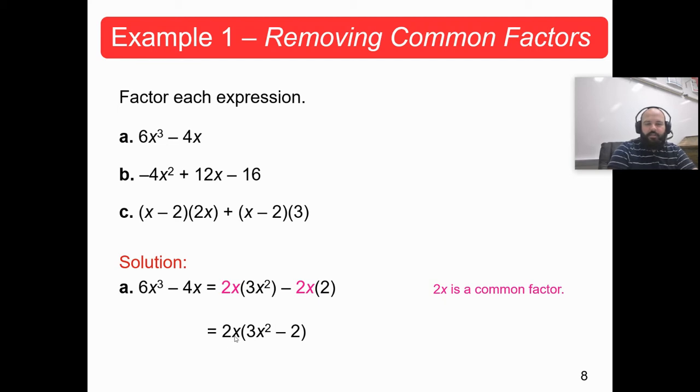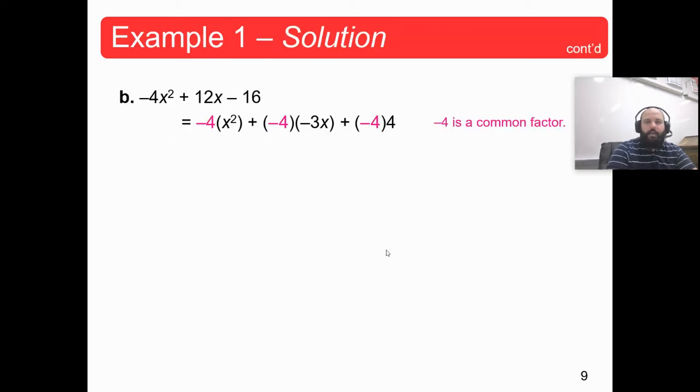And there you go. It's 2x times the quantity 3x squared minus 2. If you wanted to double check, you can redistribute that 2x to both things inside the parentheses.